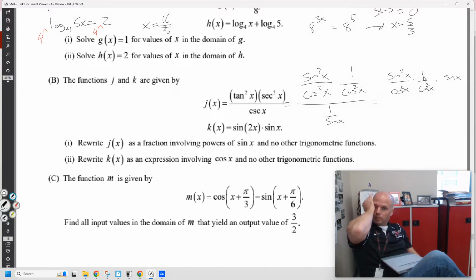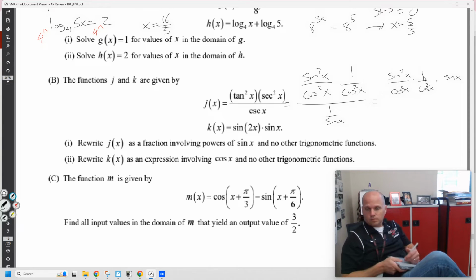So what else we stumped on? Okay, well, let's see what we can do. I have sine cubed, I have cos cubed, and another cos.